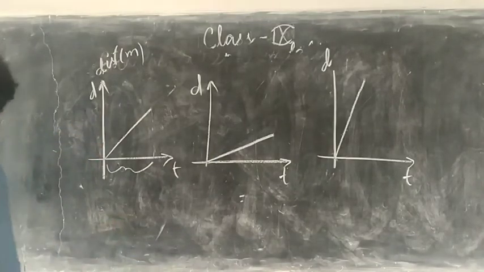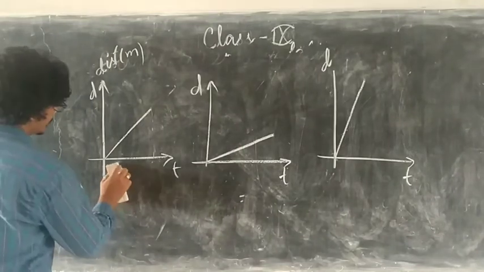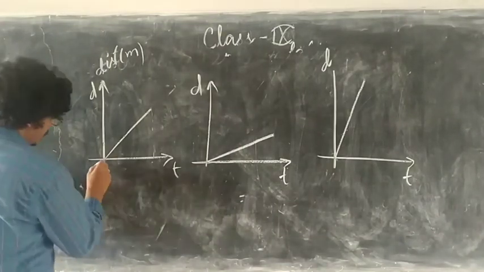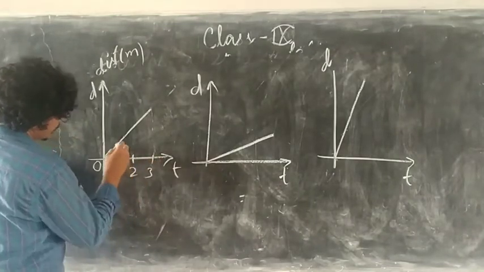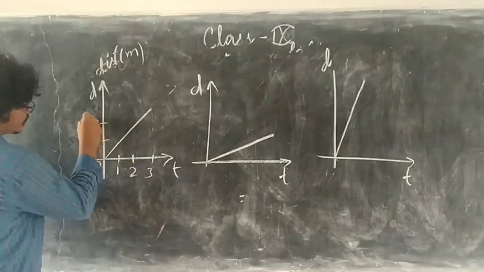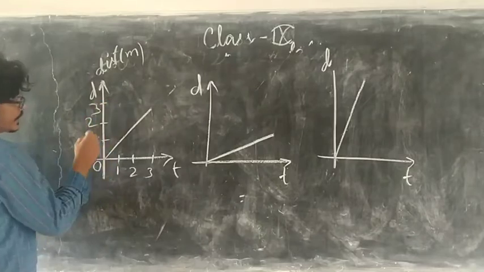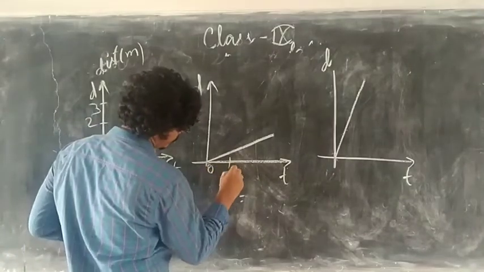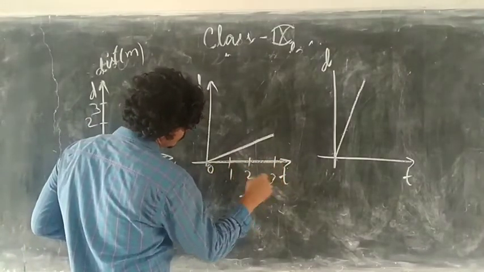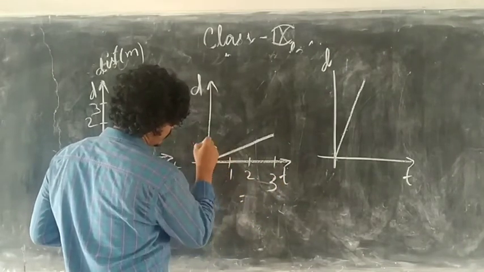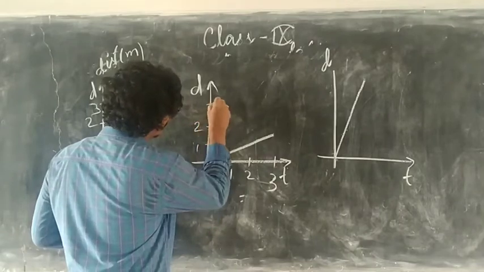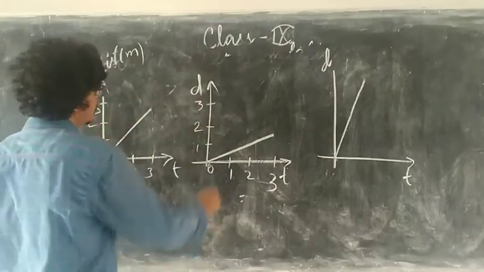Okay, let us mark the time also. 0, 1, 2, 3. Let us take 1, 2, 3. Then 0, 1, 2, 3. Then take 1, 2, 3.